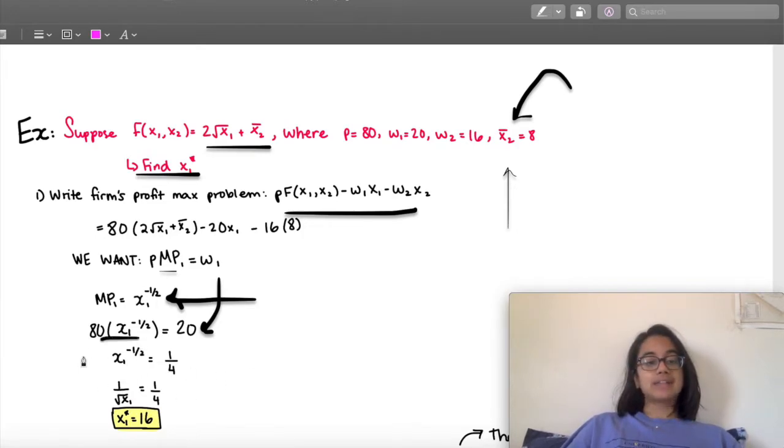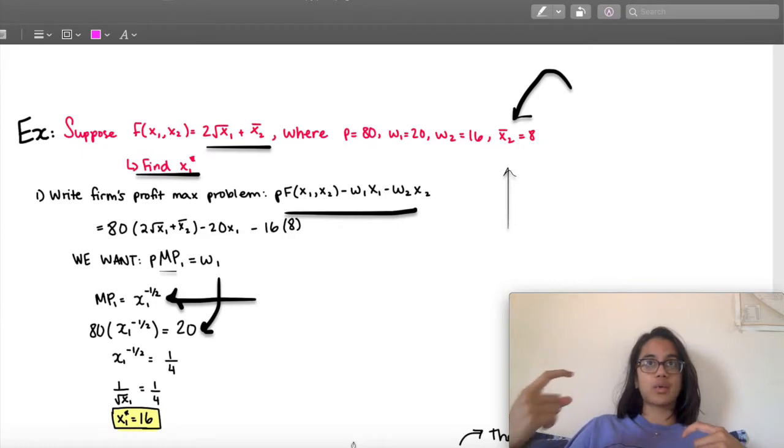That is the same as 1 over the square root of x equals 1 over 4. Then cross multiply, and you get 4 is equal to the square root of x1. The square root of 16 is 4, so our optimal condition is going to be 16. So at a quantity of 16 for good 1, that's where your profit is maximized.